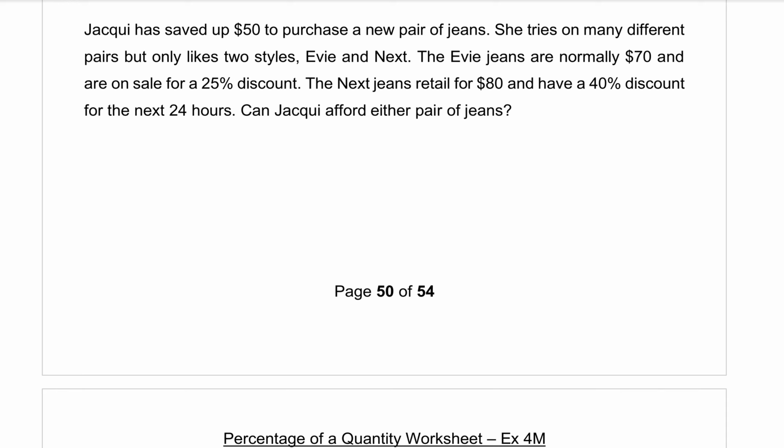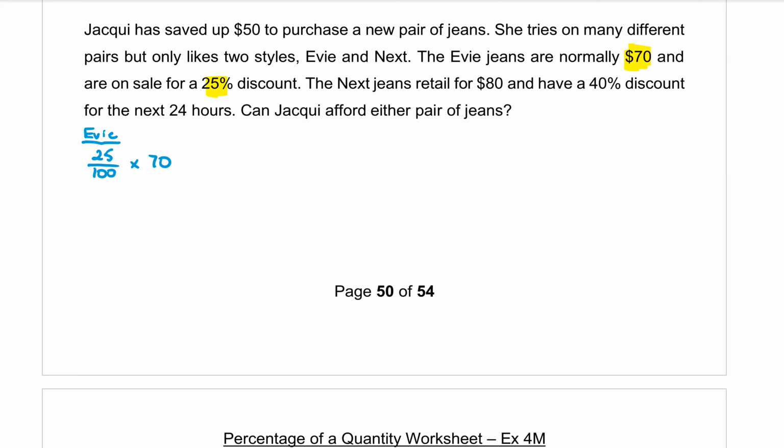Well, let's look at each one. So let's start with the Evie jeans. She gets a 25% discount on those $70 jeans. So let's find out what that is. 25%, which means 25 over 100, of the 70.